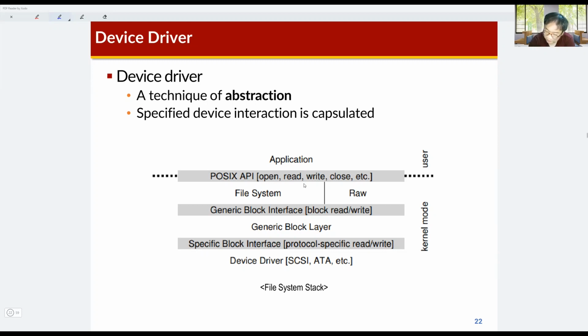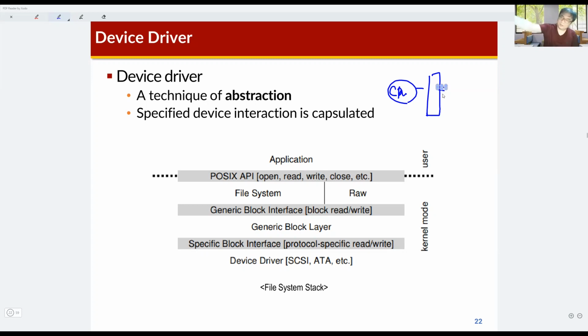But controlling the I/O devices is not an easy job. It's not an easy task because the CPU can use various types of I/O devices. There are many different I/O devices.